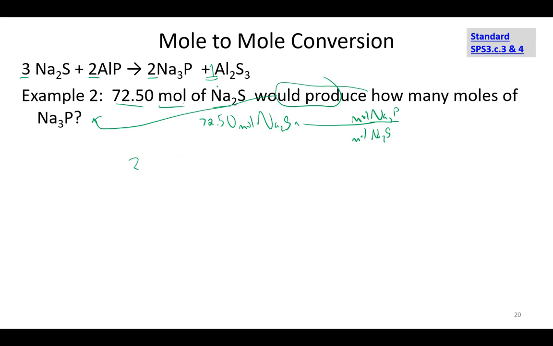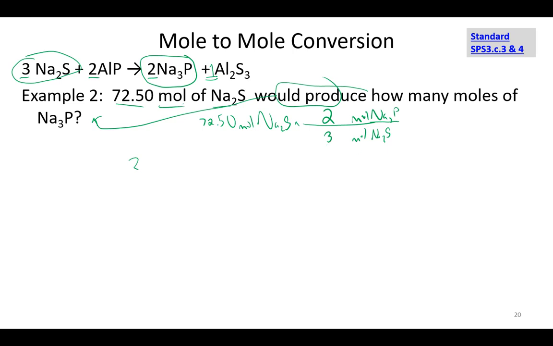So notice both of my substances are starting with sodium. So I got to be very, very mindful of where I'm looking to get my numbers. Sodium phosphide, Na3P is on top, so 2 goes on top. Sodium sulfide, that 3 would go on bottom.